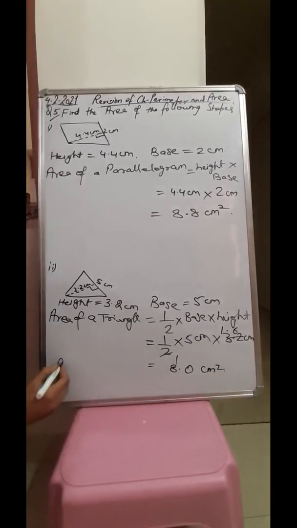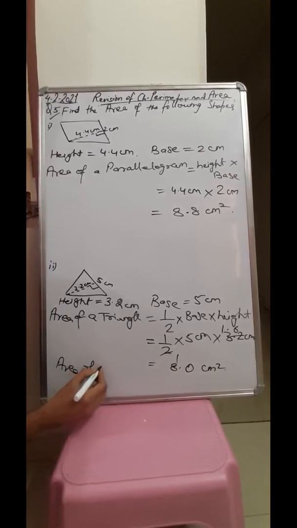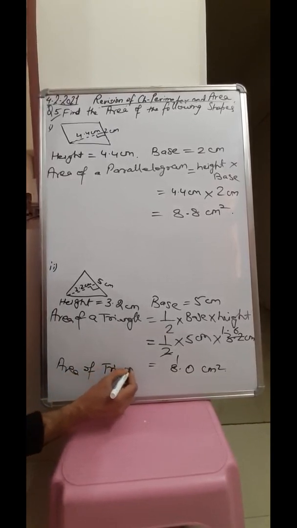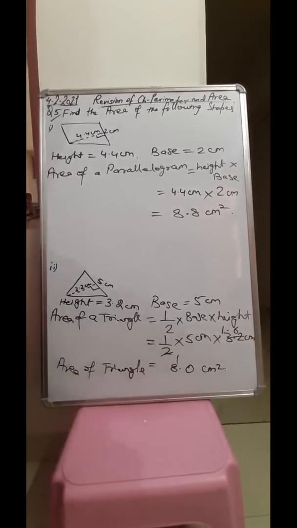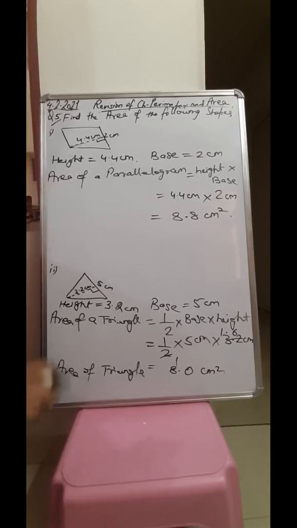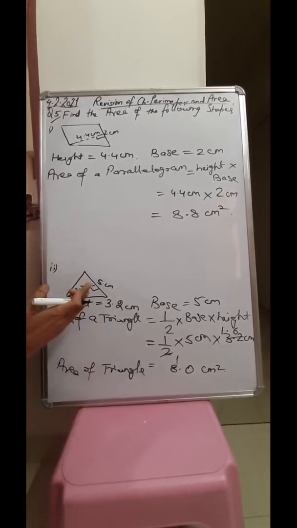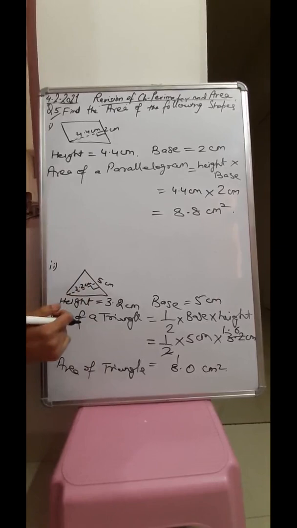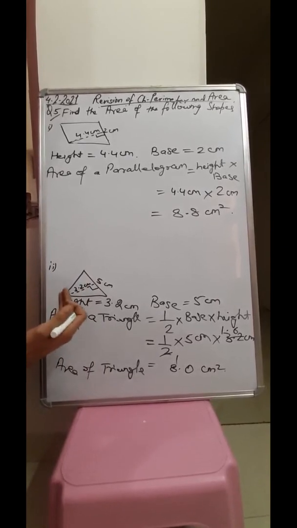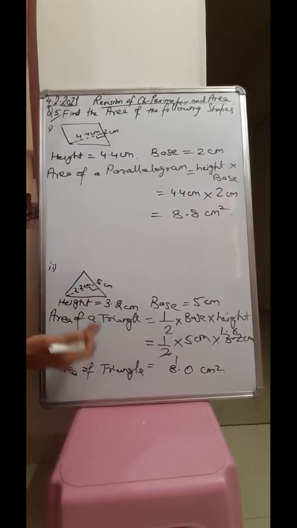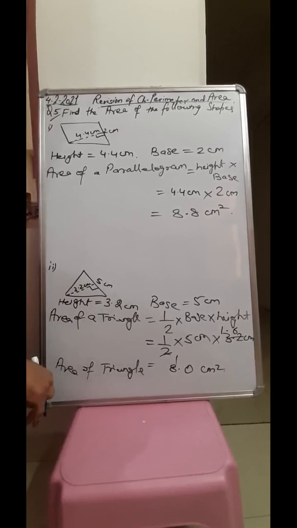So this is your area of triangle, and the area of triangle is how much? 8.0 centimeter square. So in this way we have to observe the shape, and after observing the shape we have to find out the area of the respective shapes.